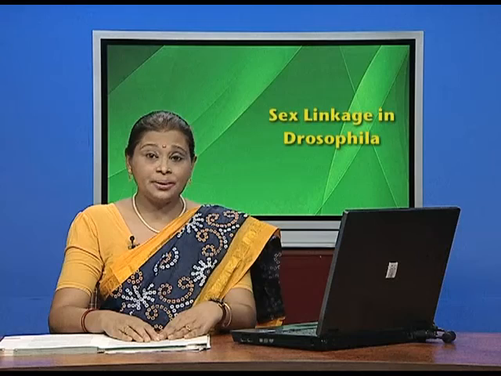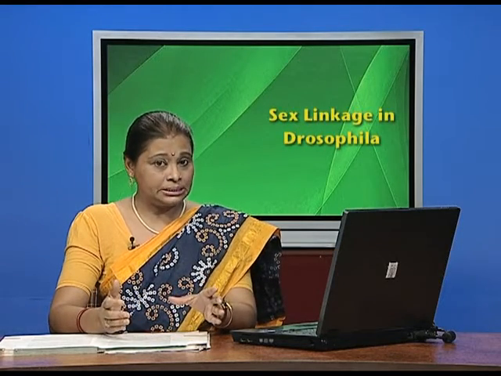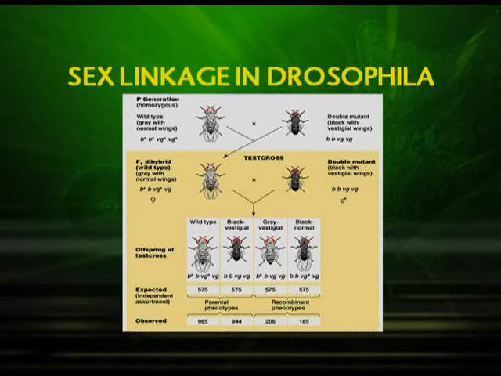But surprisingly, what he observed was more of the parental types and less of the recombinant types. He observed 965 and 944 of the parental types, and the recombinant phenotypes were 206 and 185.